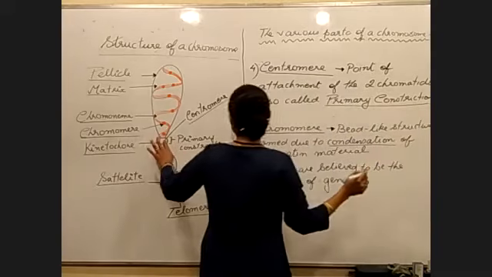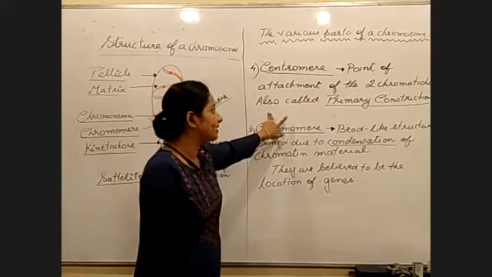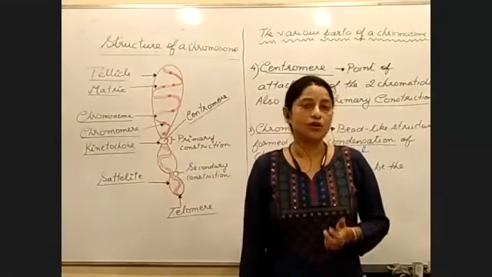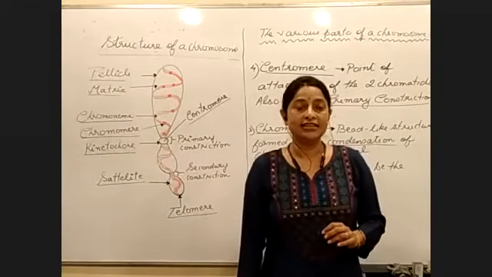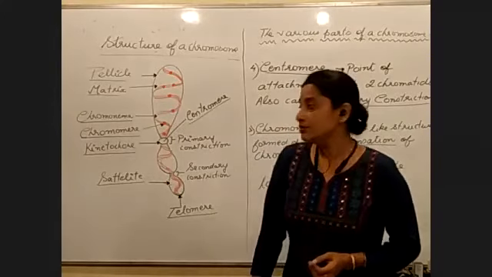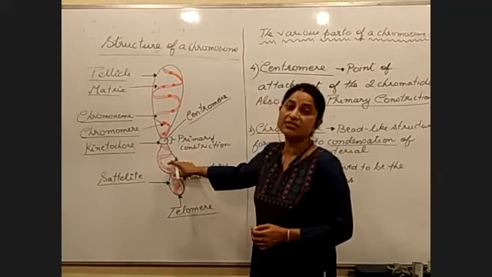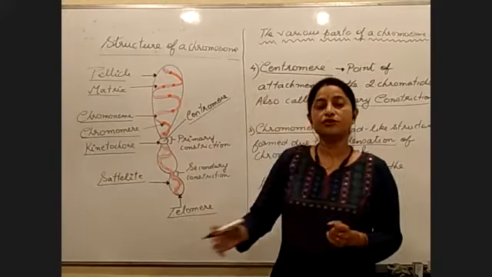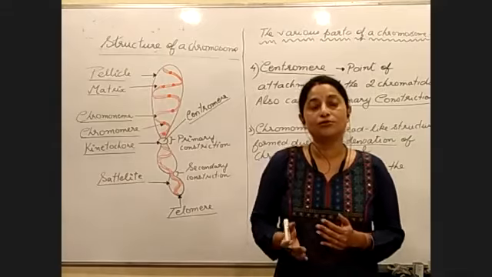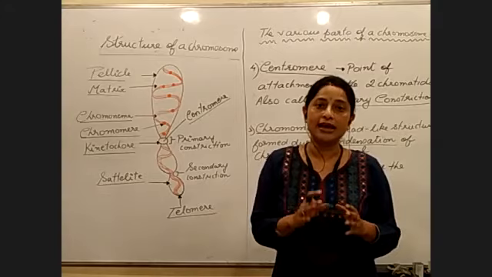Next, we are talking about the centromere. The centromere is the point of attachment of the two chromatids, and it is also called the primary constriction. A chromosome has two arms, called chromatids. It is not necessary that in each and every chromosome the two arms are equal. In this diagram the two chromatids are not symmetrical, but some chromosomes have symmetrical chromatids, where both arms are exactly equal.